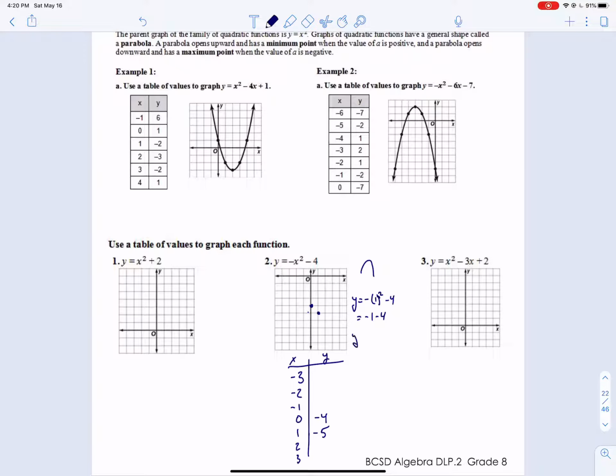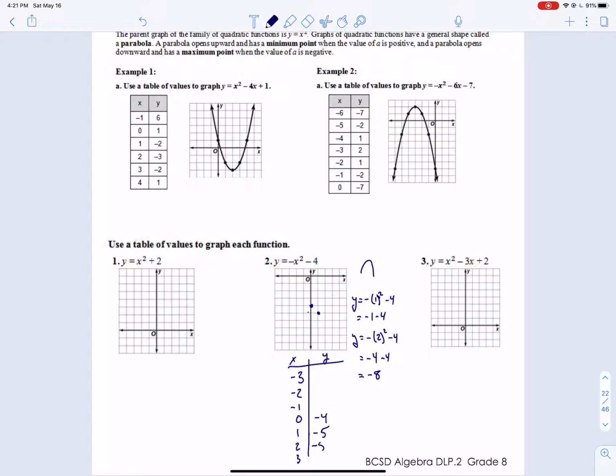Okay, let's try 2. So we get negative, and then 2 squared minus 4. So that's negative 4 minus 4, which is negative 8. Be careful with that negative sign. We're not going to include it inside the parentheses. It's in front of, it's not part of it. So we need to do the squaring first and then make it negative.